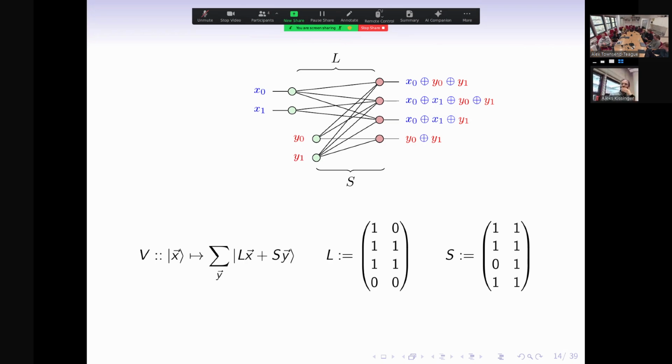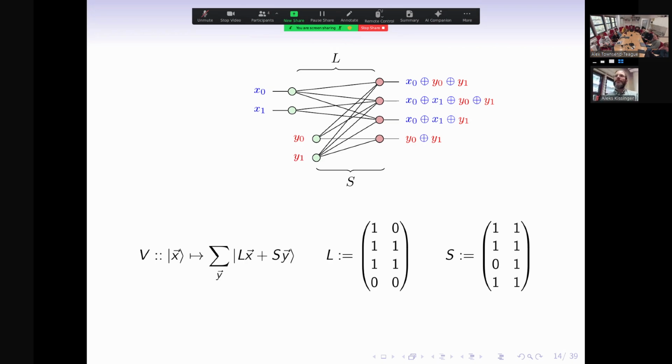Is there an easy way to see that this matrix that comes from the stabilizers has like an X part and a Z part? This is just the X part. With a CSS code, one way I can fully specify the CSS code is I can only give you the X part, or I can only give you the Z part.